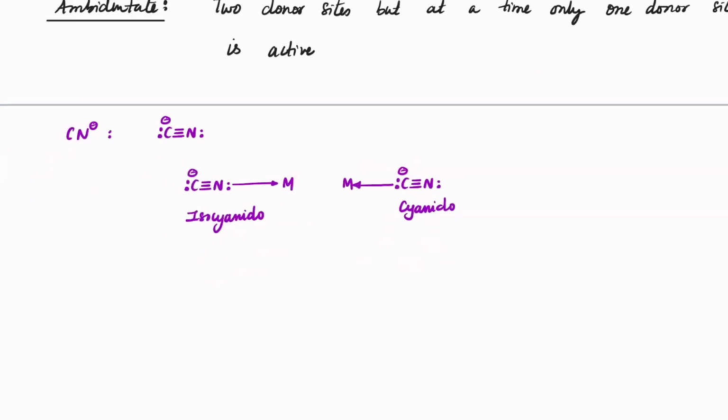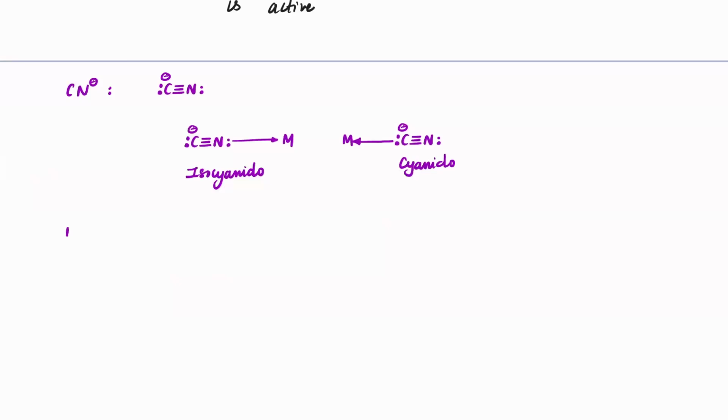So you can see, if you have NO2 minus, structurally it is N with a lone pair, double bond O, O minus. So connections can come from this end also, it can come from this end also. Likewise, if you have OCN minus, structurally we have O, double bond C, double bond N with minus here.